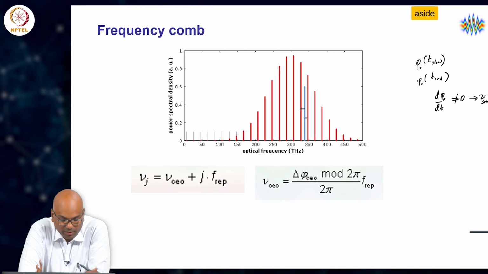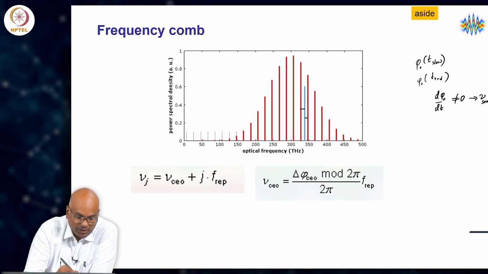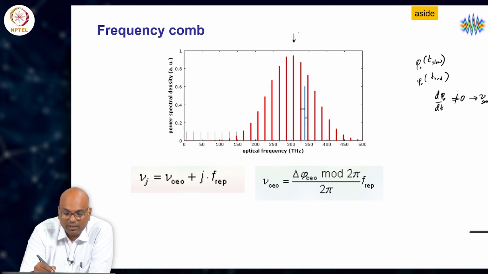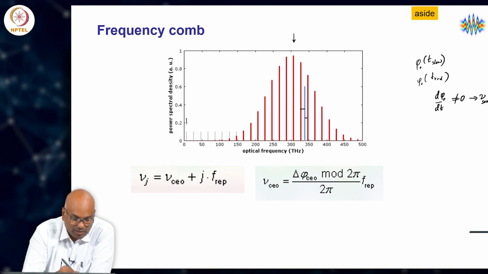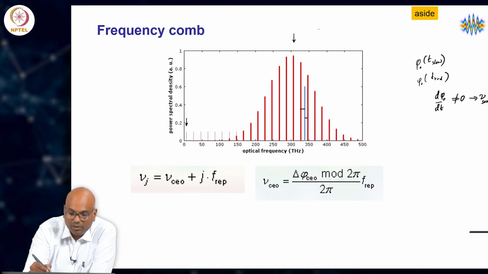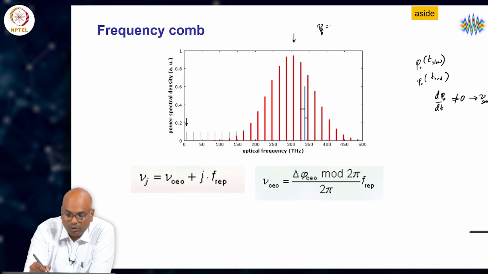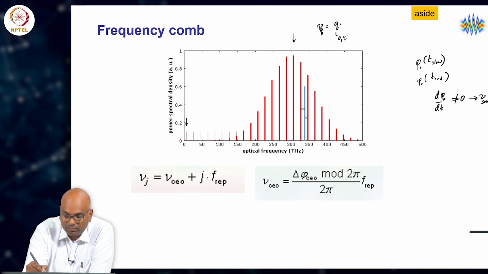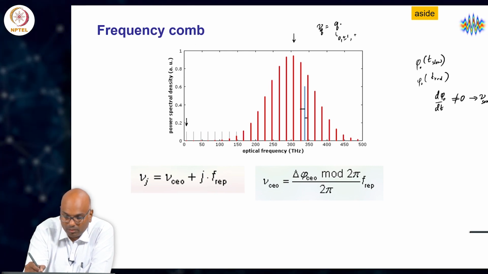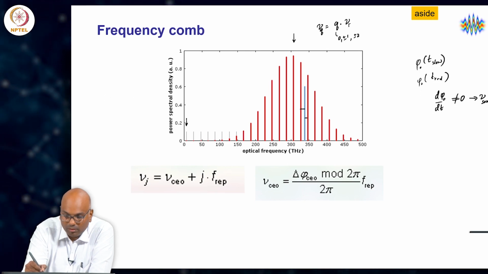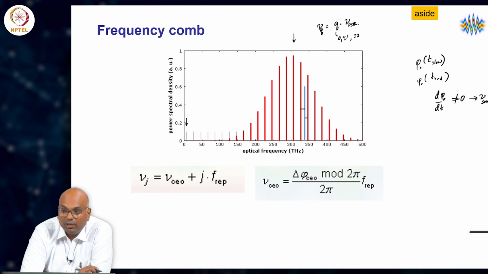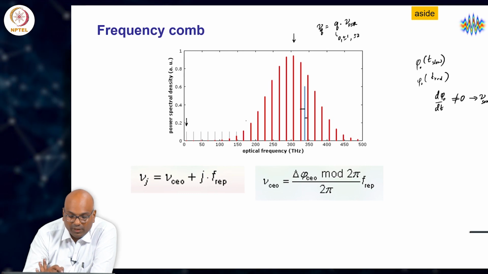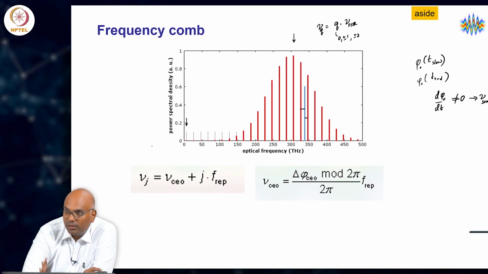So what this essentially does is that it basically defines the offset of the comb of frequencies that such a laser would emit, right, and it is a measure of the deviation of the comb of frequencies nu q, where q is the integer index, which we got in our earlier discussions, from the deviation of this comb away from the 0 when extrapolated all the way down, right.